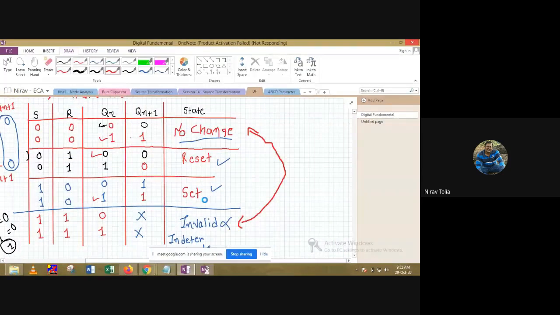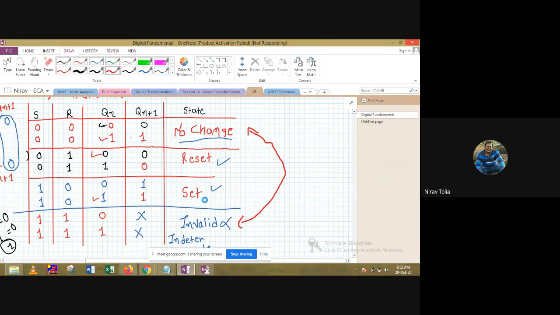But instead of the NOR gate, suppose now I am using the NAND gate. Just as no change and invalid are interchanged, in the same way set and reset are interchanged.